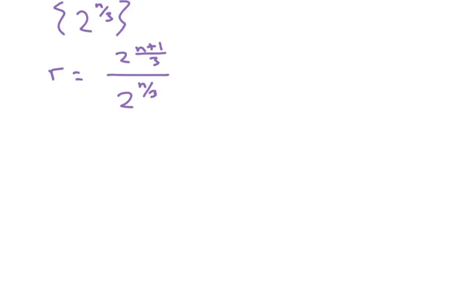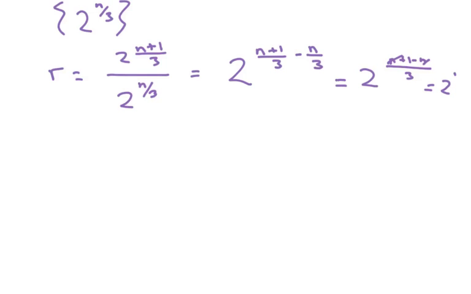So when you find your ratio, you're going to use your quotient property, 2 to the n plus 1 over 3 minus n over 3, which is going to give you 2, you can write it this way, n plus 1 minus n all over 3. The n's will cancel, so you get 2 to the 1/3 power. That's your common ratio.